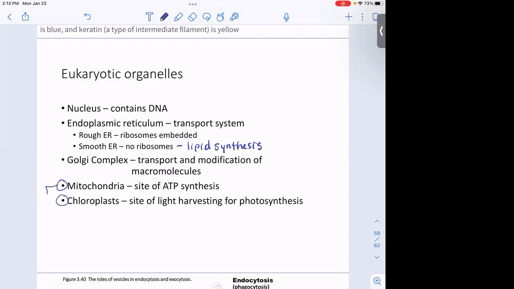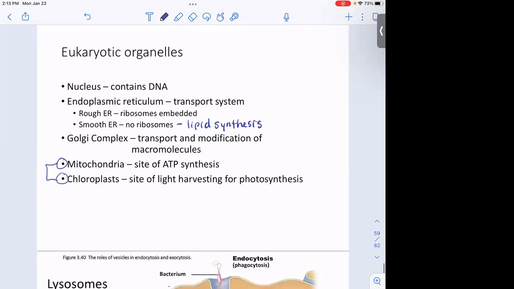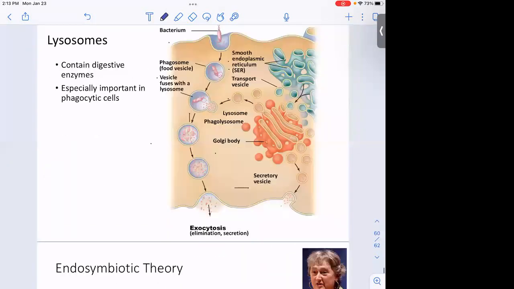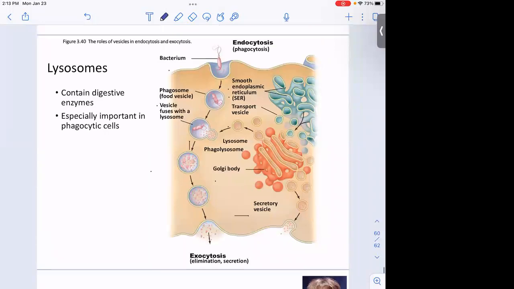Okay, we're going to come back to those in a minute. I also want to talk about the lysosomes in a little bit more detail, because again, we'll be talking about this a lot more when we talk about phagocytosis. But say one of our white blood cells is phagocytizing a bacteria. How is that bacteria digested?